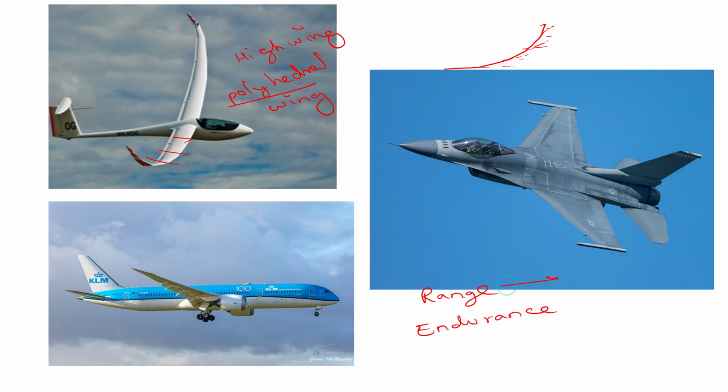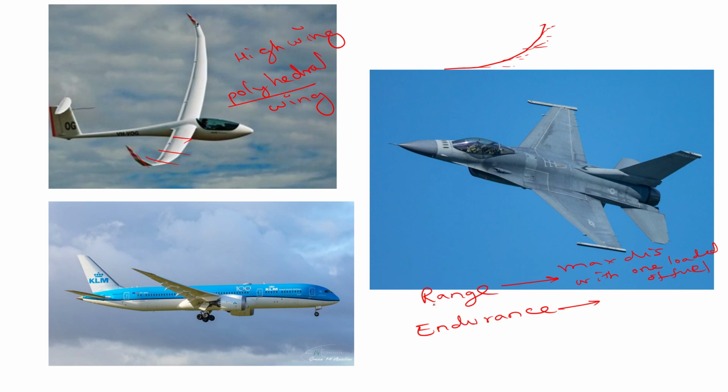Now, as a definition, what is range? Range is the maximum distance traveled by an aircraft with one load of fuel. That means the tank is completely filled with fuel, and with that filled tank, how much distance that aircraft can travel.